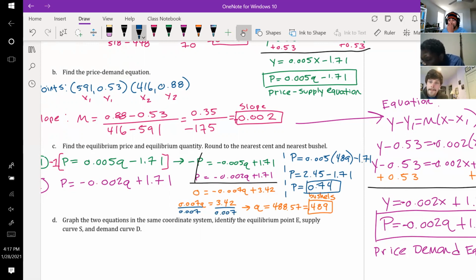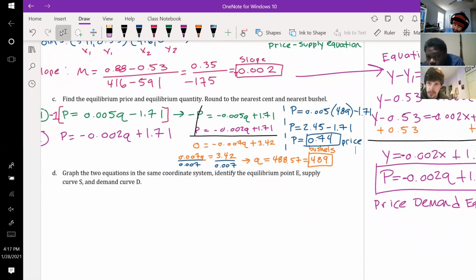So this is our equilibrium price and our equilibrium quantity. So there we go. At 74 cents, which is our equilibrium price, we're going to have 489 bushels.